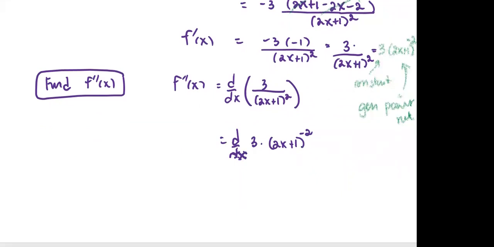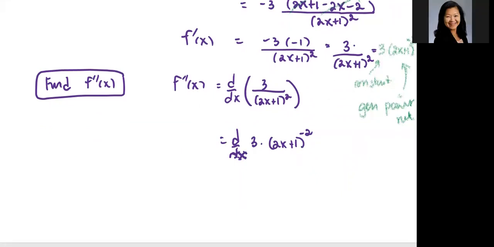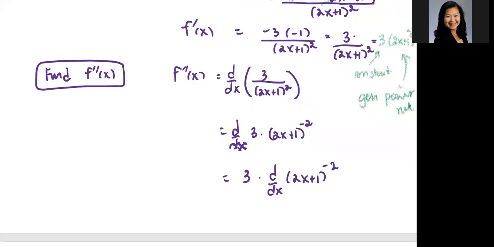All right. And since 3 is the constant multiple, I just take it outside of the derivative, get it out of the way, and work on the main piece, which is the power negative 2 of the quantity 2x plus 1. And for the general power rule, just recall the function g to the power n, right?